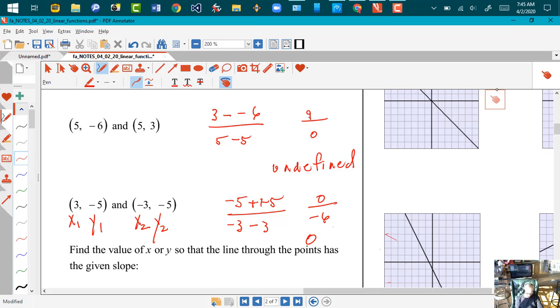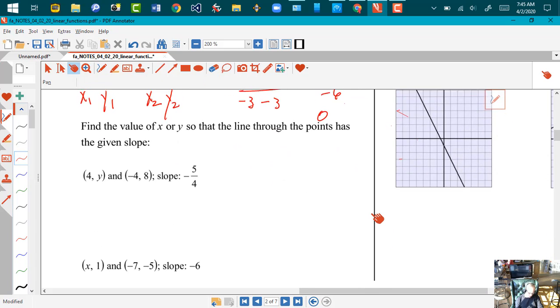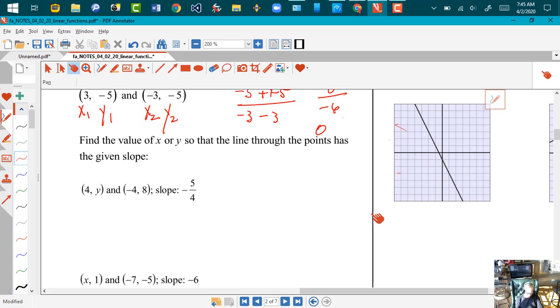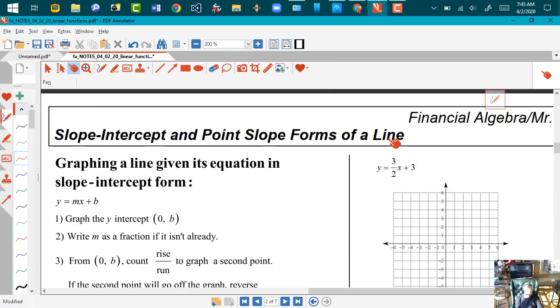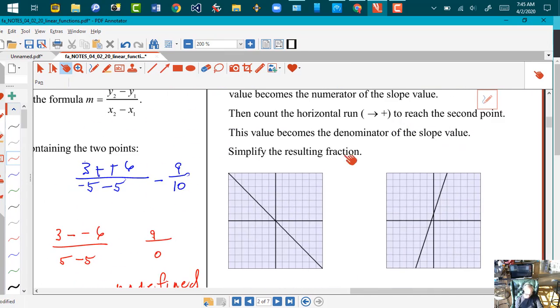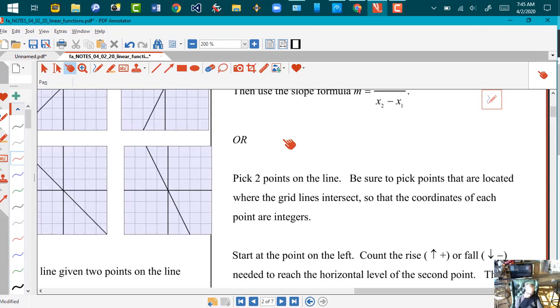Okay, so if you're asked to determine what the slope of a line is, and you can see you have 2 points. Actually, I think we're just going to skip that little next section. All right.